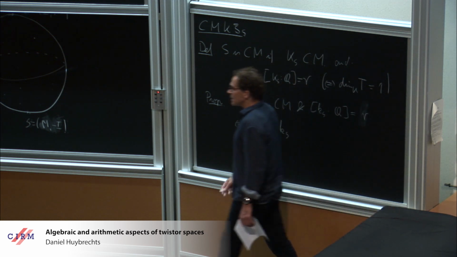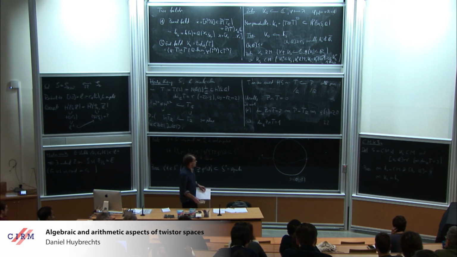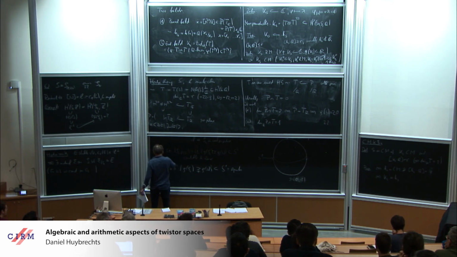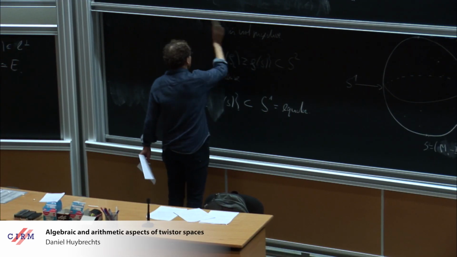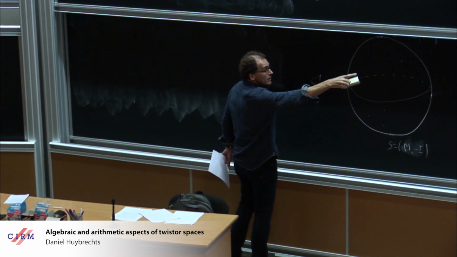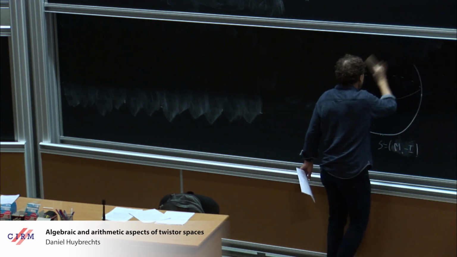So the CM case is the one where there's no difference between the two fields. Maybe I should say the very general K3 surface will have real multiplication, actually by Q in most of the cases. So the complex multiplication where the endomorphism field is CM, these are the special ones. And the ones which are really CM K3 surfaces are even more special.